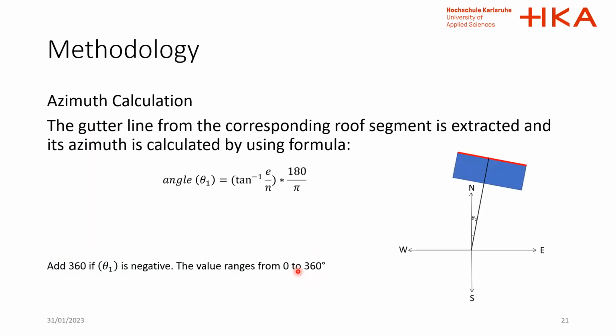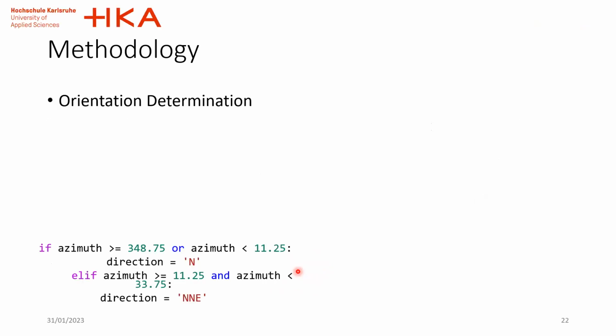Okay, so after finding the azimuth, we are going to find the orientation by using this algorithm. If it's greater than 348 or less than 11.5, it's north. If it's from this to this, not northeast. So we have determined these values.